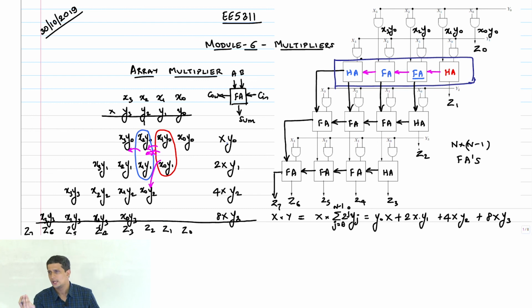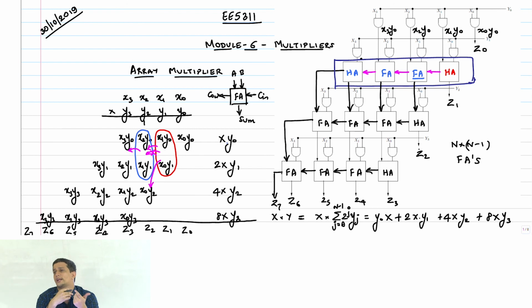If it is 1, then the partial product is x, shifted by something, 2 power k into x. So you are generating only two kinds of partial products, 0 and x, but it is possible to generate other kind of partial products easily.